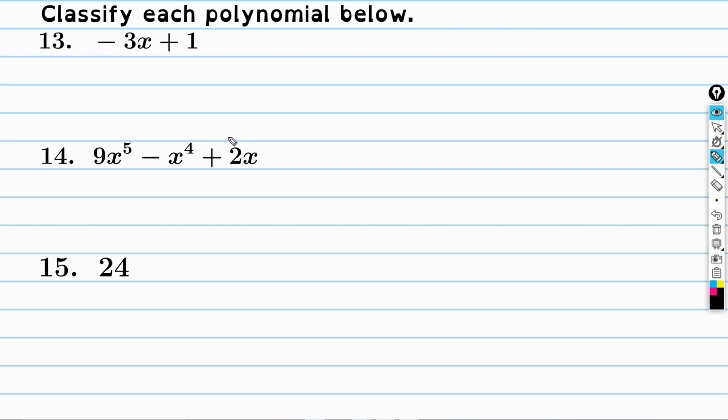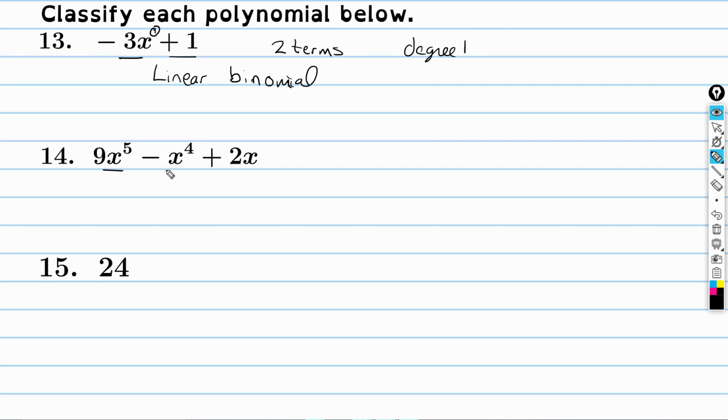So now, let's look here. I have two terms. My highest power is 1. So my degree is 1. So I have a linear binomial. So let's look at this next one.